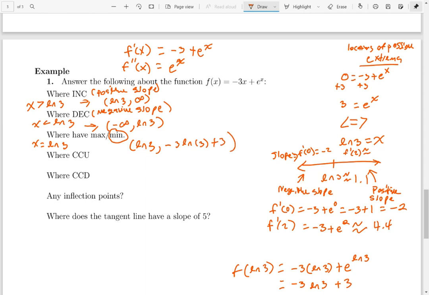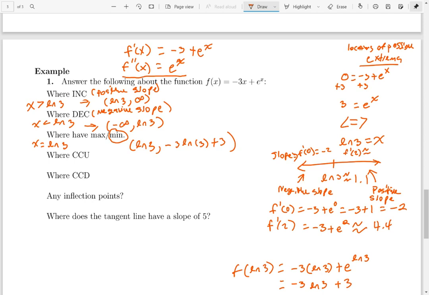Alright, well then let's answer the question about concave up versus concave down. When and where? All we need to do is look at our second derivative. So the second derivative, f double prime of x, is equal to e to the x. Well, let's think about this a moment. Is e to the x going to be positive or negative? If you recall the properties of e to the x, it is all positive.